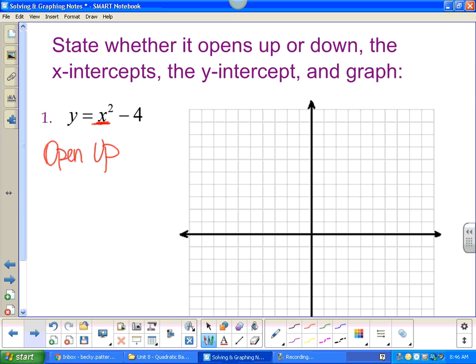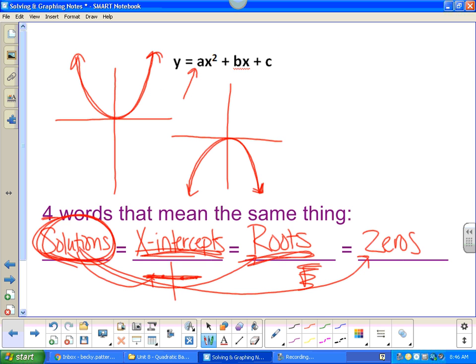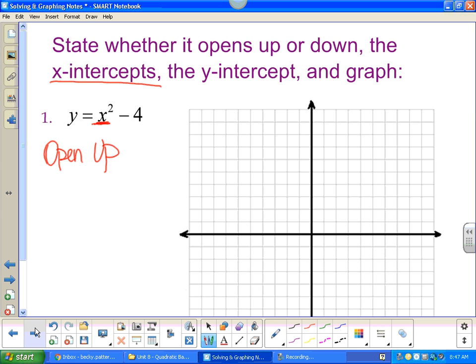Okay, so now I need to find the x-intercepts. Well, you'll remember x-intercepts are the solutions. So what I'm going to do is I'm going to take x squared minus 4 and I'm going to set it equal to 0. And I'm going to solve it. Well, to solve something that looks like this, you're going to factor it.